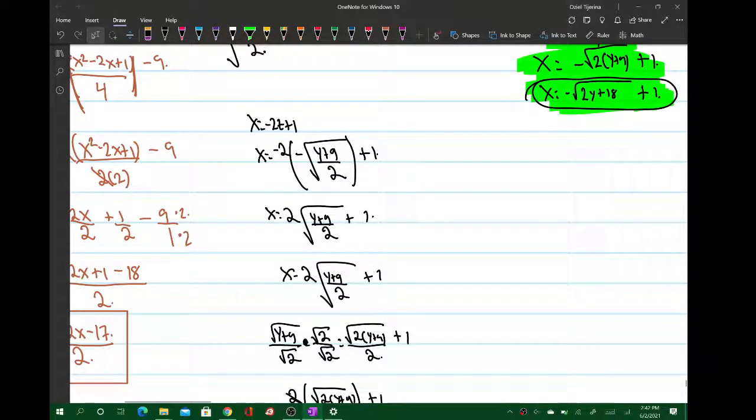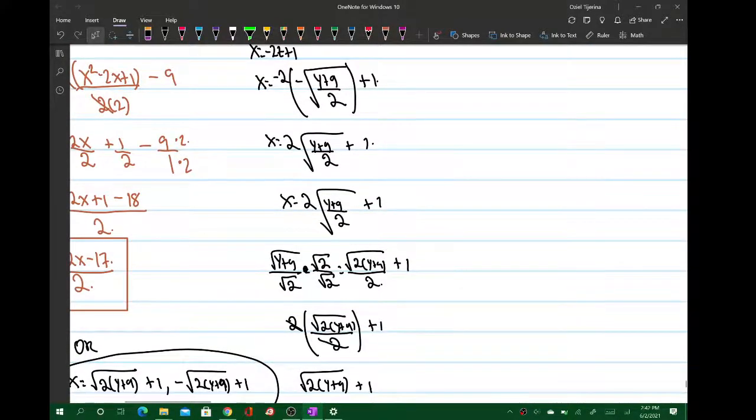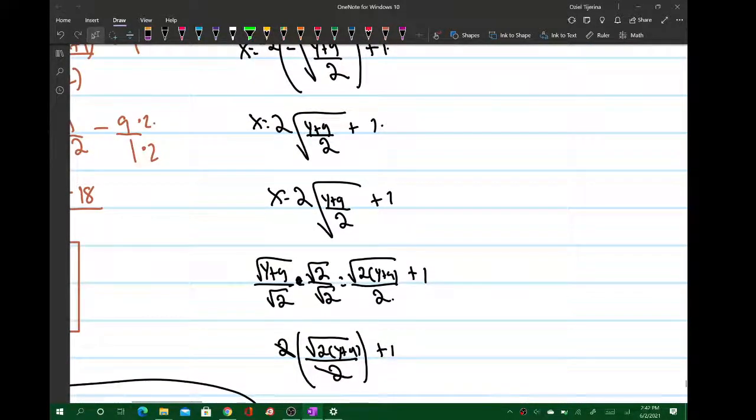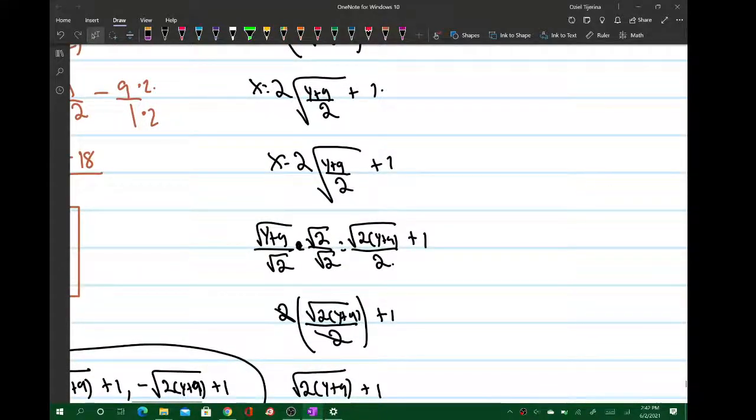So I canceled out the negatives. I said 2 times the square root of y plus 9 over 2 plus 1. And then I rewrote it again.